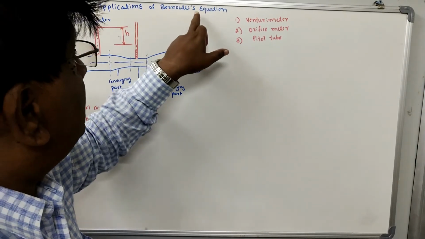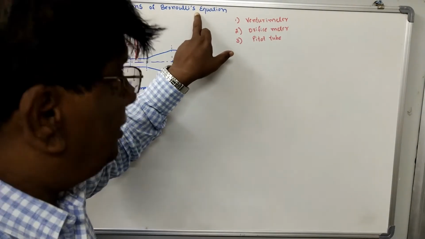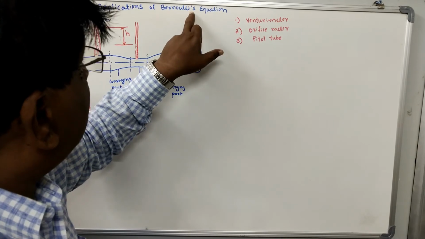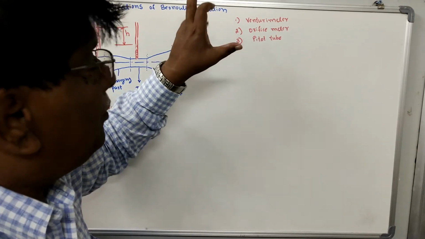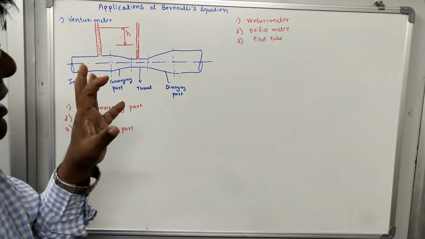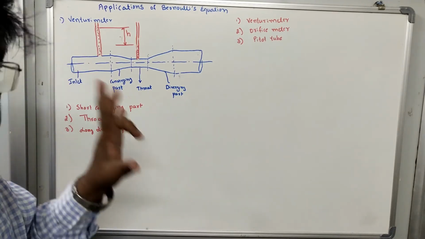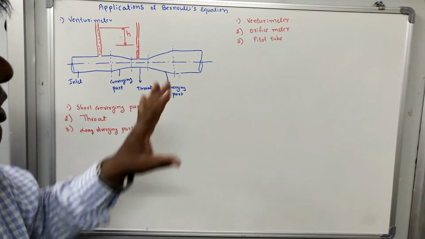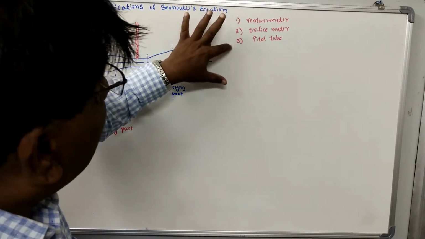Bernoulli's energy principle, and based on the Bernoulli's energy principle, we have three types of devices. That is venturimeter, orifice meter, and pitot tube. These three are the measuring devices.